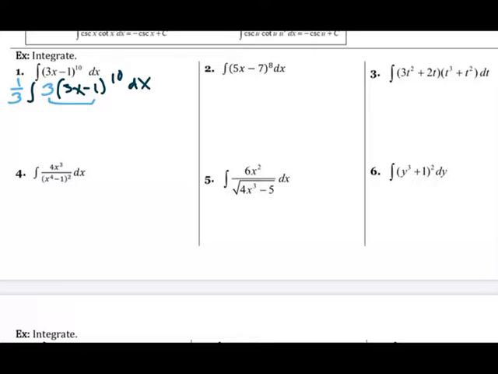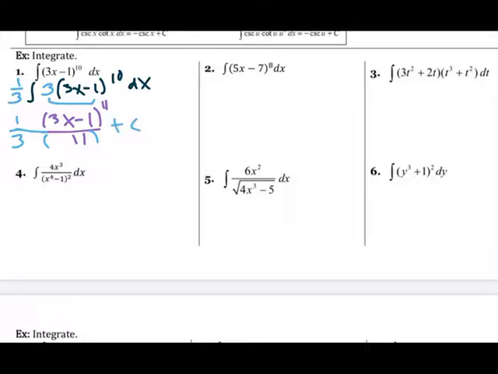The outside, if we add 1 to the exponent, is going to become 3x minus 1 to the 11th power over 11. And now that I have this 1/3 in front, I could just make that one giant fraction. 1/3 times that, now I'm accounting for the derivative on the inside, plus c.